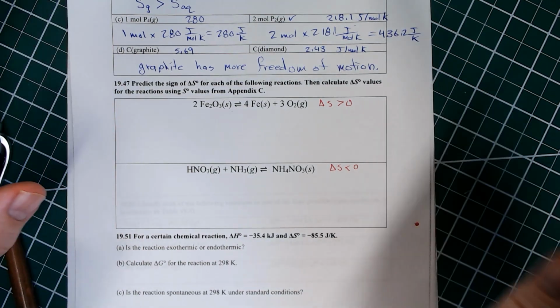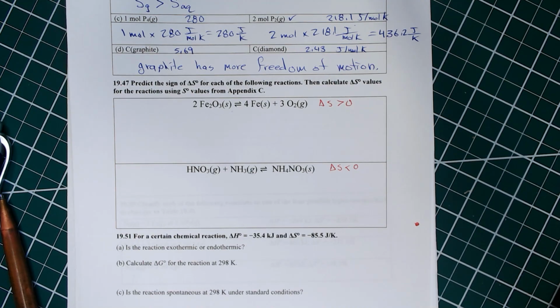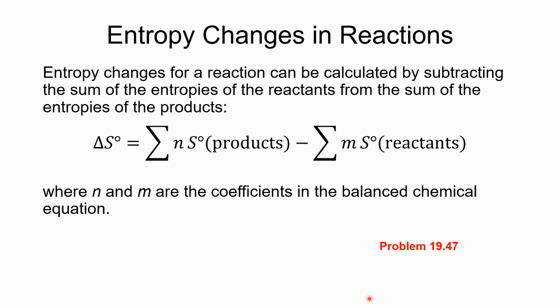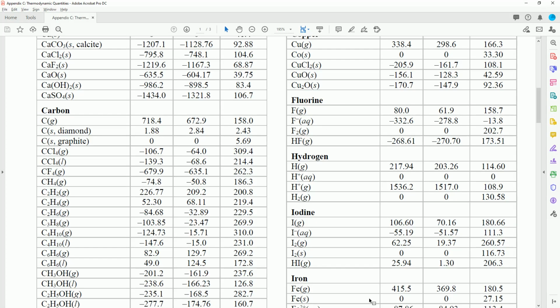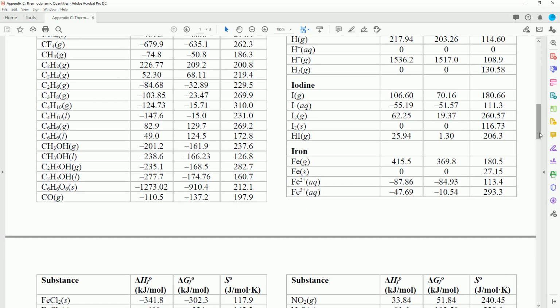So we're going to go back and look at Appendix C, and I'm going to write down these quantities. Let me do iron here since it's right here. So iron, Fe solid, 27.15.